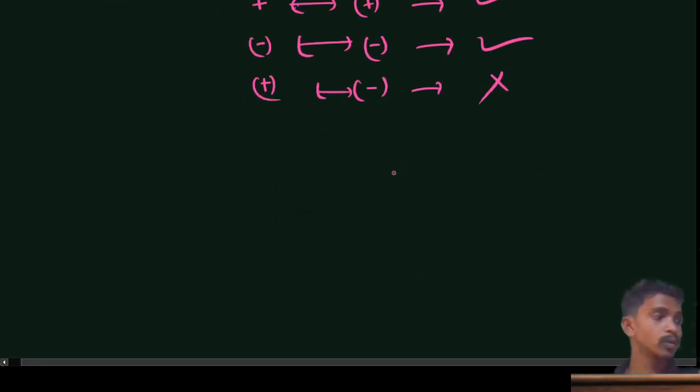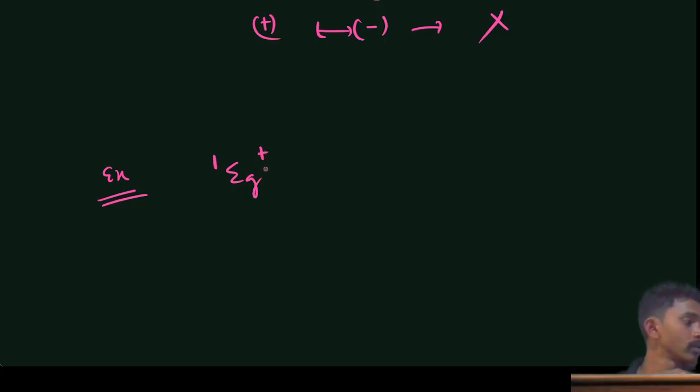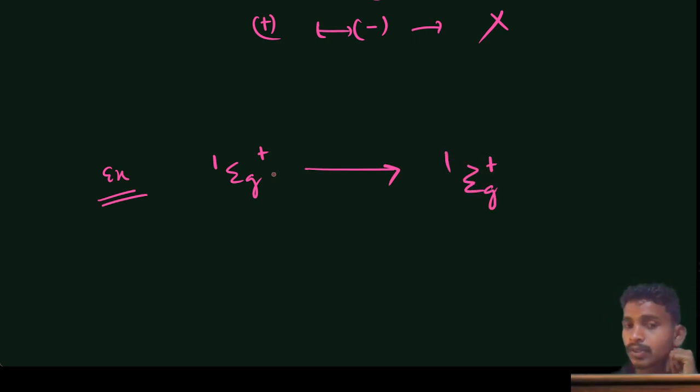Now let me take some examples. Let's say delta G plus and 1, and this is plus; the G and plus and 1. So whether the transition is allowed here or not.